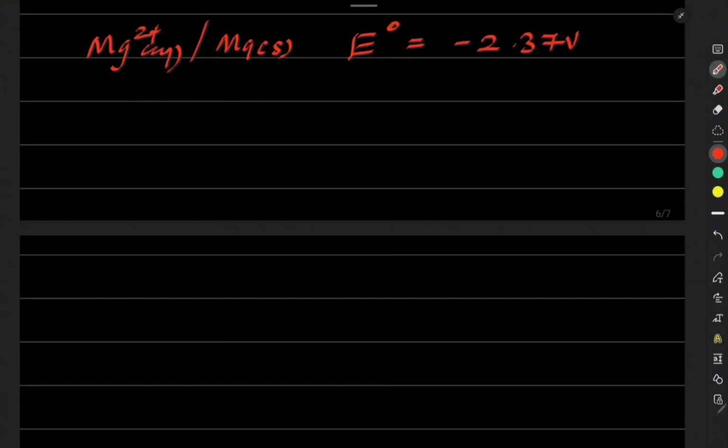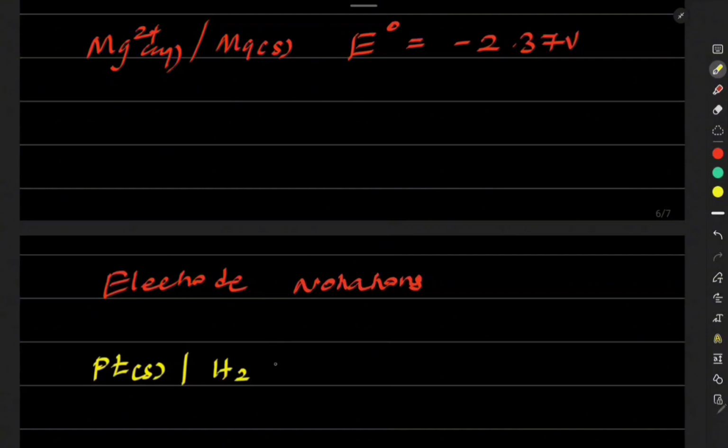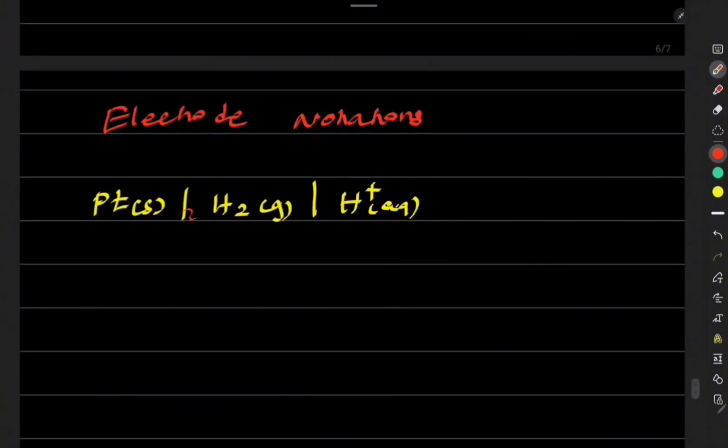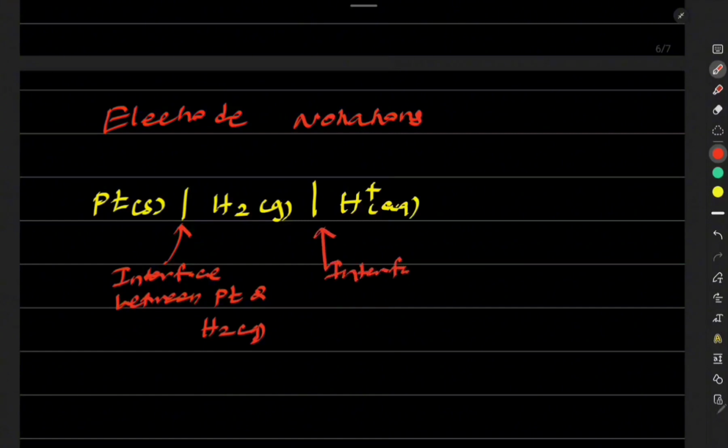Now let's see how the electrode notations are written. Electrode notation: Pt solid, a dash interface, and H2 gas, and it forms H+ aqueous. The vertical line shows the interface between Pt and H2 gas, and this interface shows the interface between H2 gas and H+ aqueous.